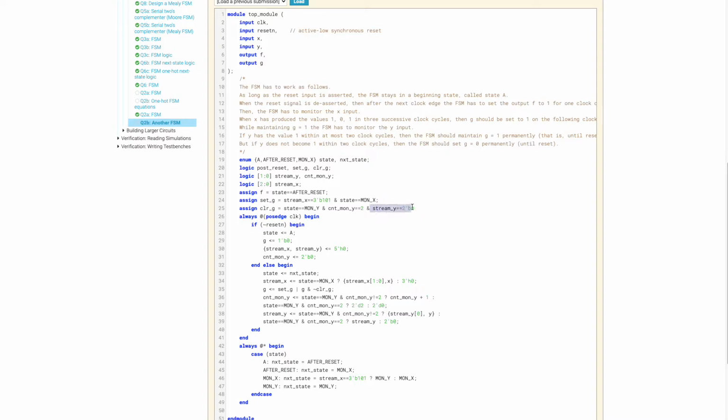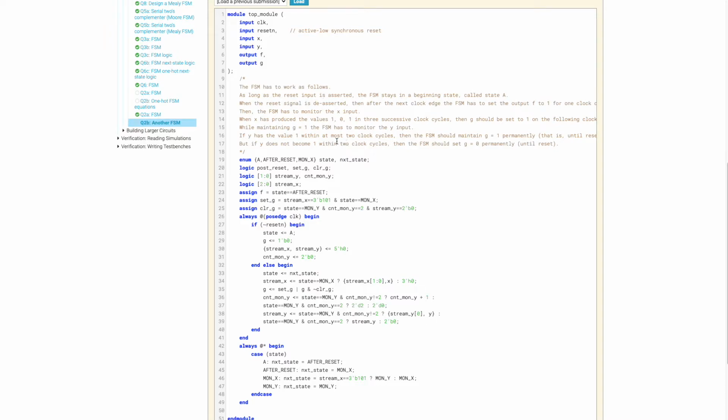So the 2-cycle capture, they're both zeros. We're at the third cycle and we didn't observe stream of Y being 2-bit 0 in the past 2 cycles, and we're stuck in this state as a qualifier, so I think this should be okay.